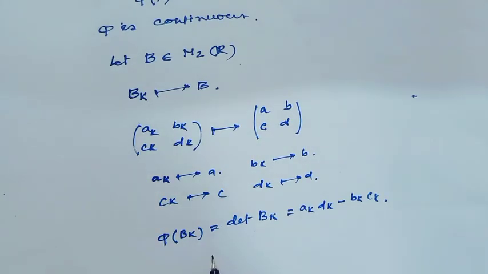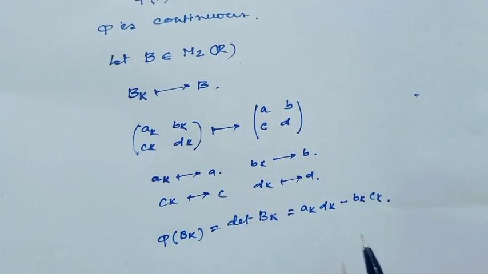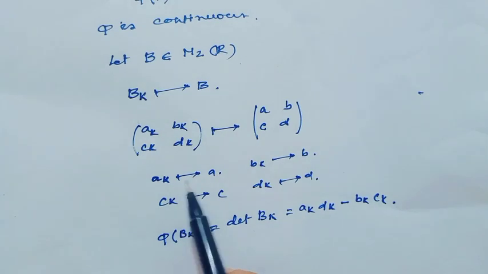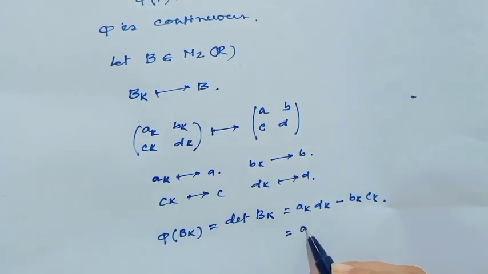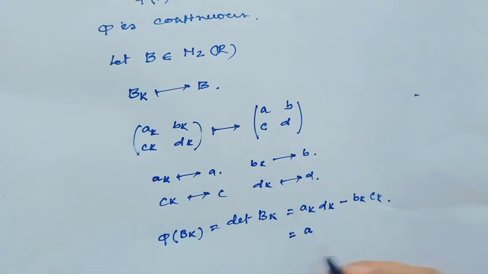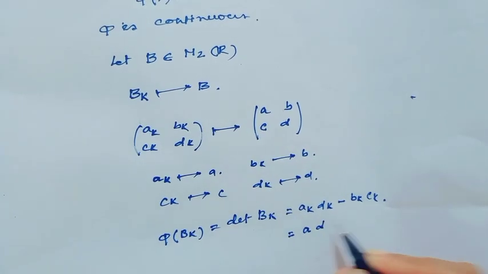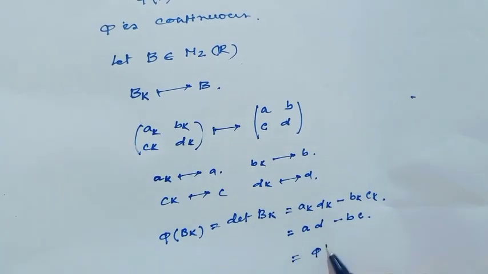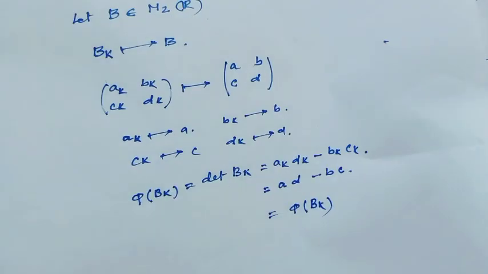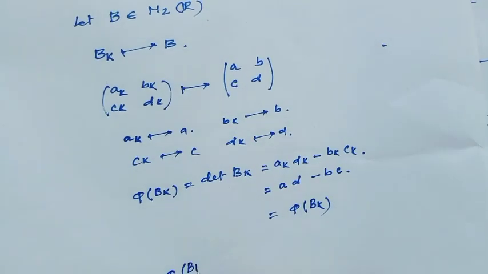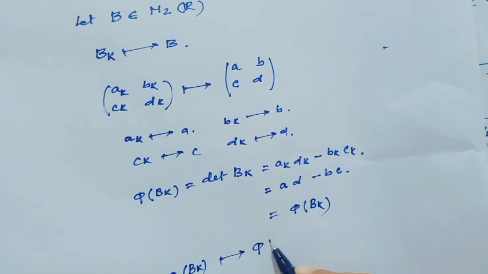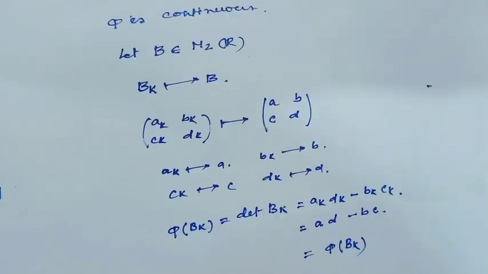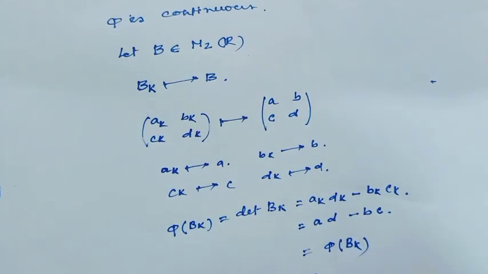We have to prove phi of Bk goes to phi of B. And I have seen ak goes to a, bk goes to b, ck goes to c, dk goes to d, so we can write this as a d minus b c, and this is actually phi of B. Therefore our proof is done. Phi of Bk goes to phi of B. Therefore, if Bk goes to B, that implies phi of Bk goes to phi of B.